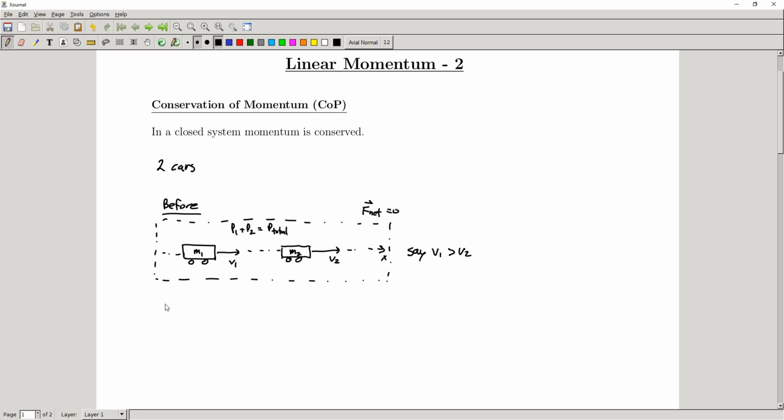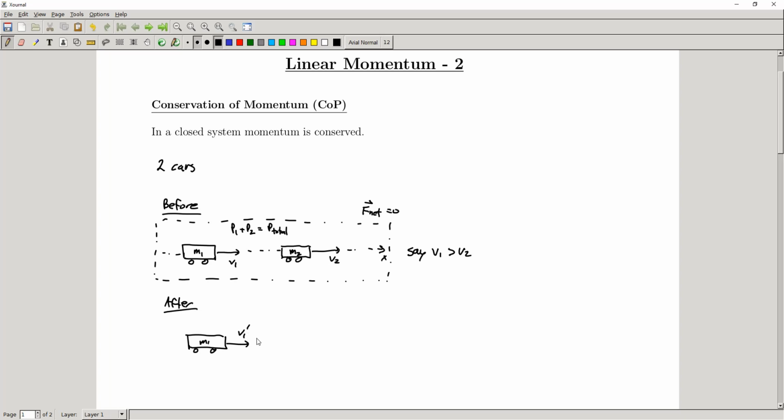Now after the collision, we're going to have car 1 moving off now with v1 prime. I'm going to use prime from now on to indicate whatever that variable is after the collision.